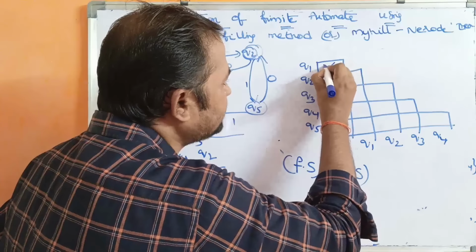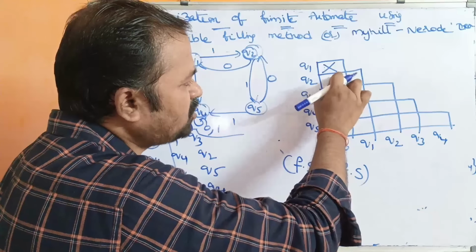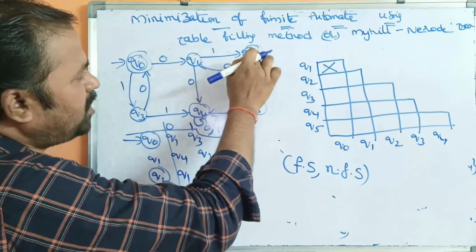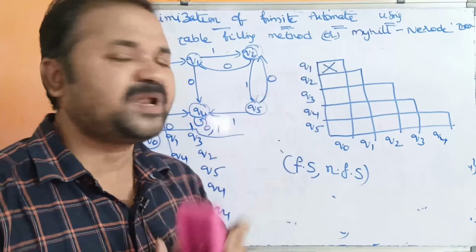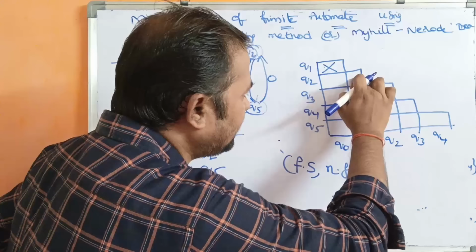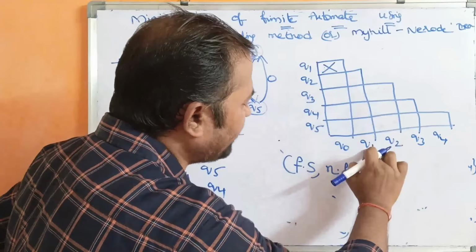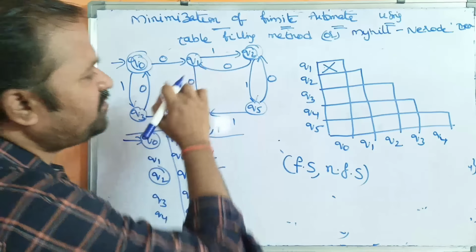So we can mark this box. Next, this box belongs to Q2, Q0, but both are final states, so we simply leave that box. Next, this pair belongs to Q2, Q1. One is a final state, another is a non-final state.